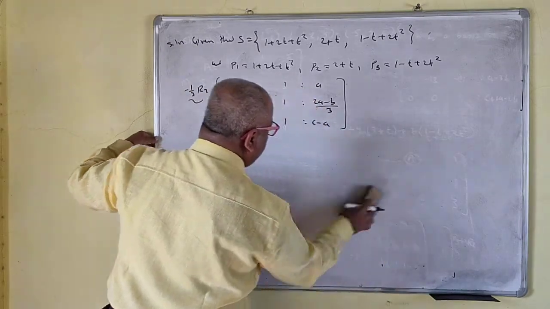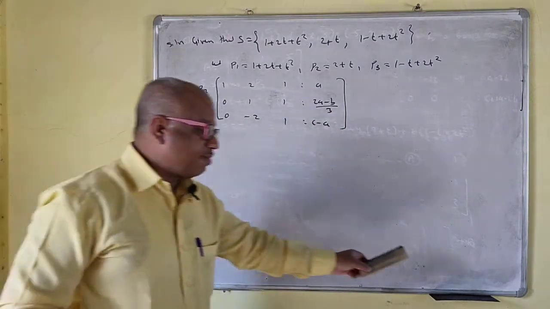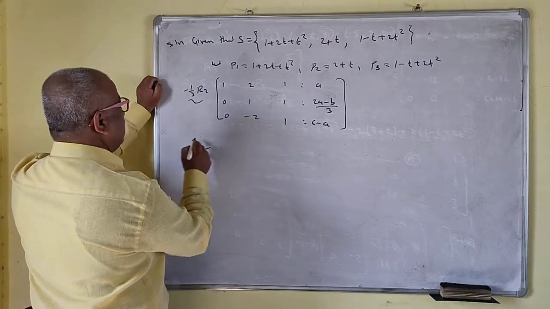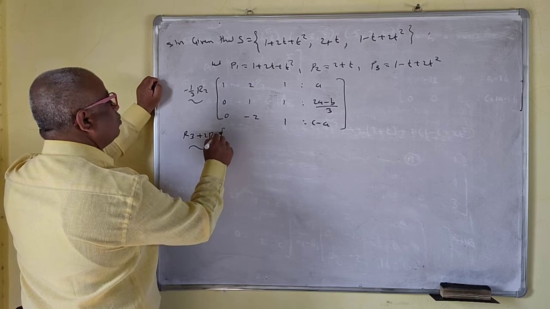So what we have to prove for span is that the rank of the augmented matrix is the same as the rank of A. Now you have to make this entry 0: R3 plus twice R2.